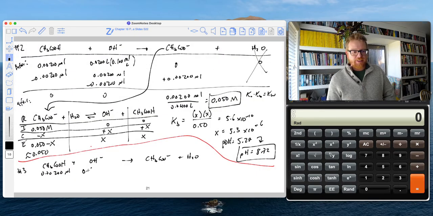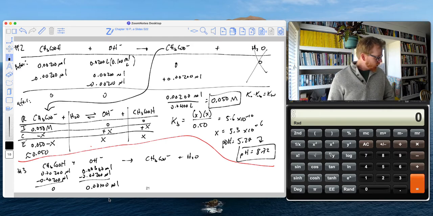So you can actually see now we're going to have excess hydroxide, okay? And so that means now the acetic acid is the limiting reagent. And so all of it is consumed to 0. But now I have leftover hydroxide.